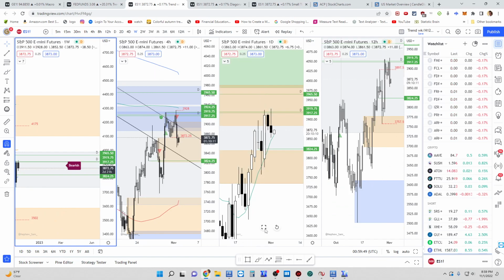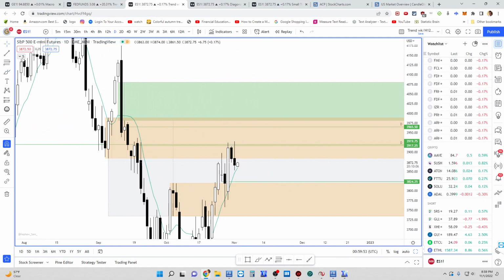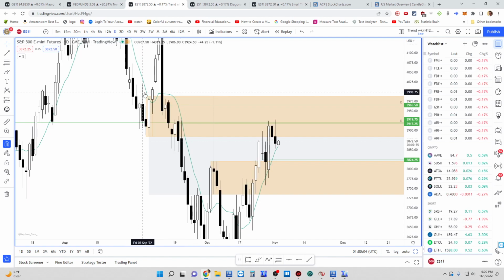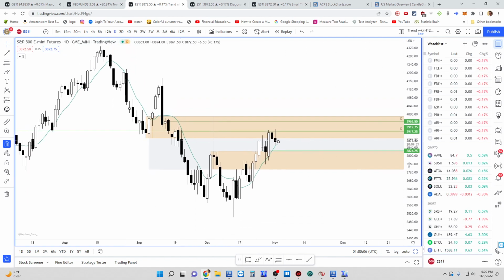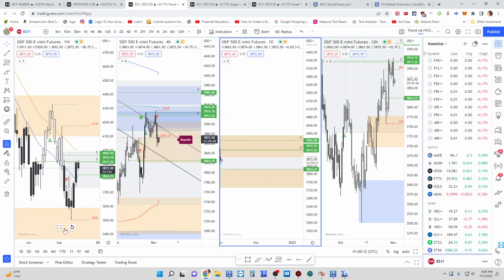So that was the weekly, and we're going to go to the daily, and you could almost say it looks almost exactly the same. This is on the daily time frame, and I showed you basically the weekly, which is here.